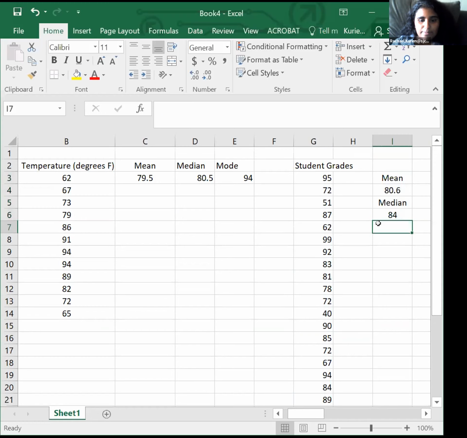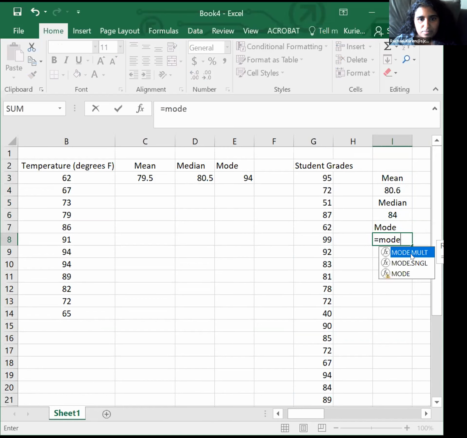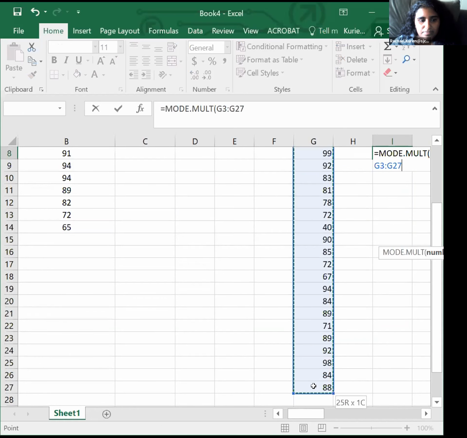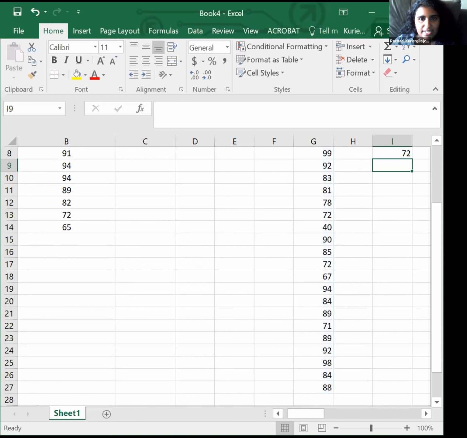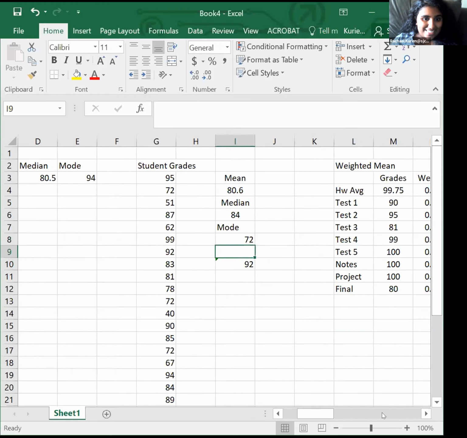And then the last one is mode. So equals mode. You drag all the way down, close parentheses, and hit enter. Let's figure out if there's more than one. That's all we got. I'm just gonna erase this extra 72 there because you only have to list them once.